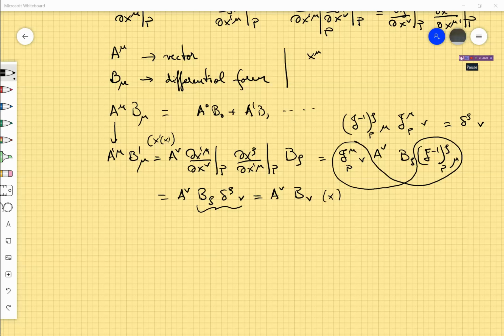One of the problems with the transformation laws of vectors and differential forms is that they are sometimes difficult to remember. Where is the prime here or here? Okay, so there is a notation which is particularly good because it will make us remember always what is the right transformation rule.